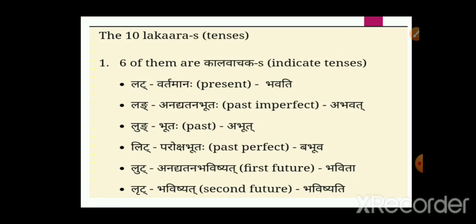And besides this, we need to know about 10 tenses, that is the 10 lakaras. In English we have tenses, right? Present tense, past tense, future tense, and past participle, all these things. In Sanskrit, we have in total 10 tenses.